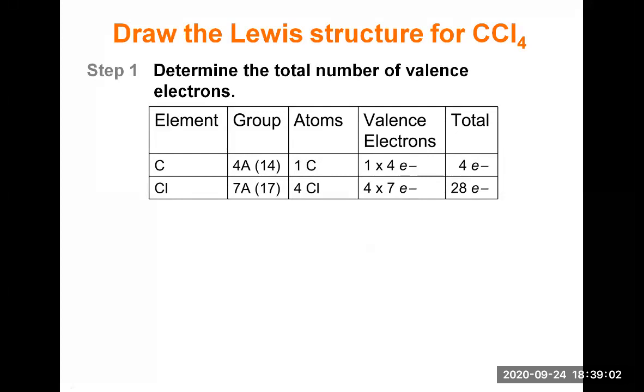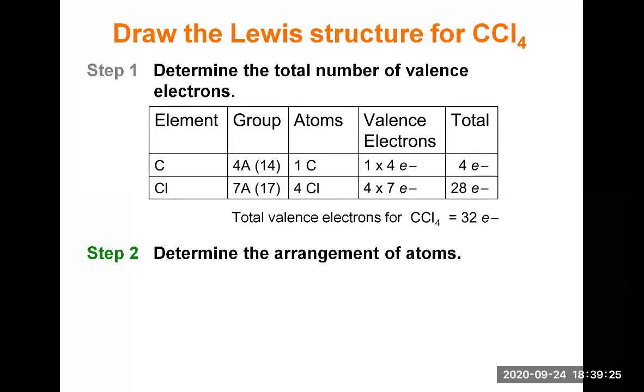Chlorine, group 7A, has 7 valence electrons. Times 4 chlorines, so 4 times 7 is 28 electrons from the 4 chlorines. And that gives us a total number of valence electrons for CCl4 of 32 electrons.